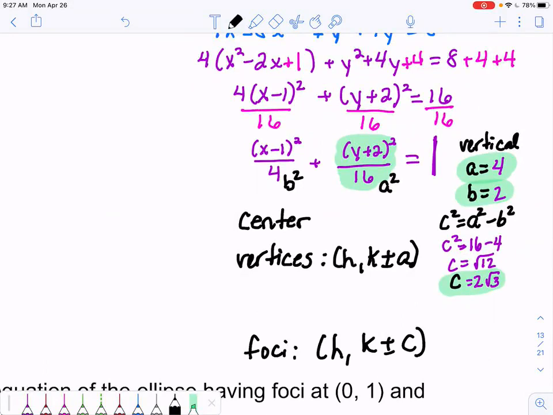So Jenny, can you tell me what the center of our graph is going to be? So to find the vertices, you're taking 1 and then -2 plus or minus 4. So Kaden, what would -2 plus or minus 4 give us for our vertices?